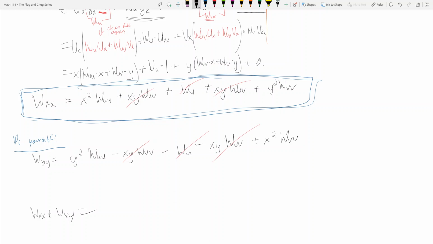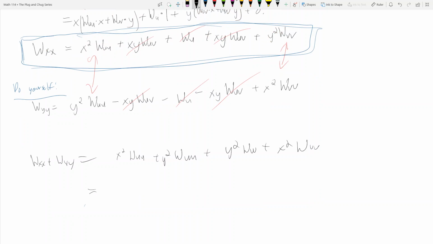I'm left with x squared w sub uu plus y squared w sub uu, and then plus y squared w sub vv plus x squared w sub vv. And if I factor out a w sub uu here, I get x squared plus y squared times w sub uu plus, and if I factor out a w sub vv here, I get y squared plus x squared w sub vv.